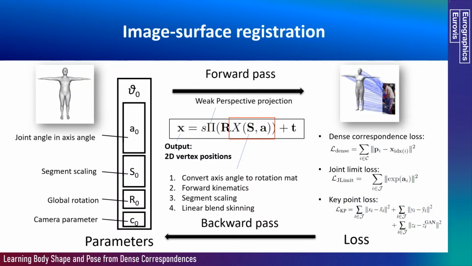Also, joint limit loss and key point loss are incorporated. To constrain the depths of skeleton joints, we use conditional generative adversarial networks, CGANs, to learn depths from 2D key points in a supervised manner, and use them to guide surface registration. These losses are back-propagated to optimize the parameters.